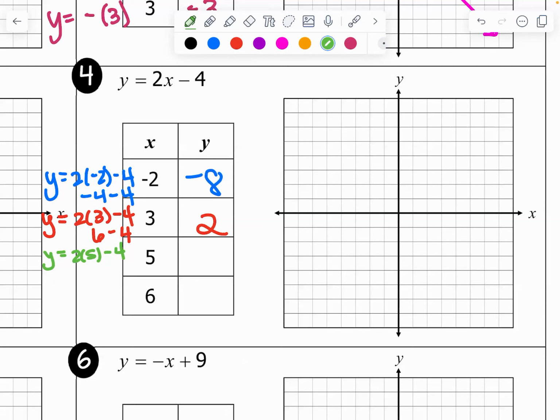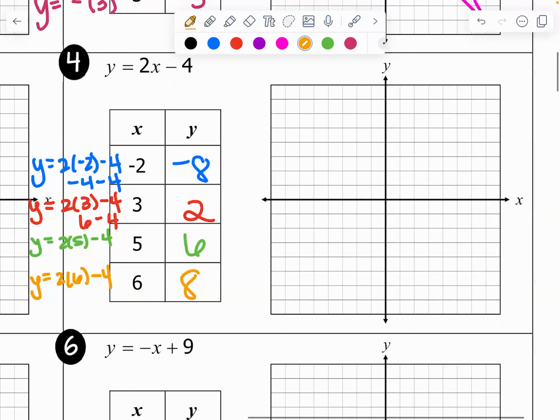Lainey, what did you get for 5? 6, I like it. Emma, what did you get for x equals 6? Sophia, what did you get for x equals 6? 8.